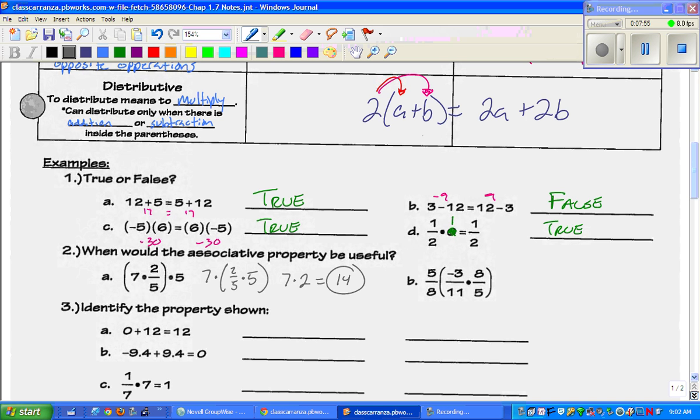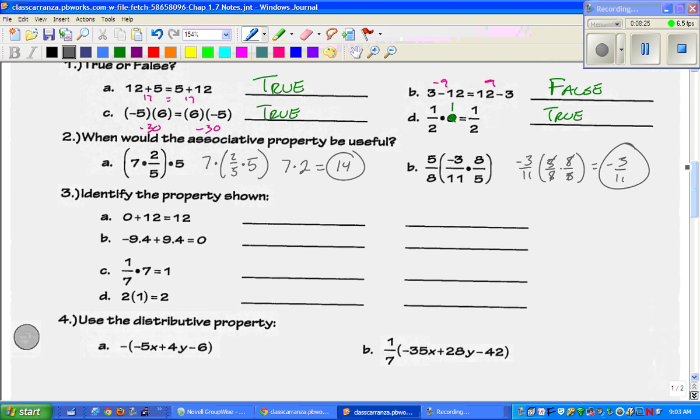Same thing here with B. If we regroup, reorganize how we do this, we can say, I want to multiply 3 over 11 and then put the 5 over 8 times the 8 over 5 together, because I notice that those guys all cancel to get 1, and we're left with negative 3 over 11.